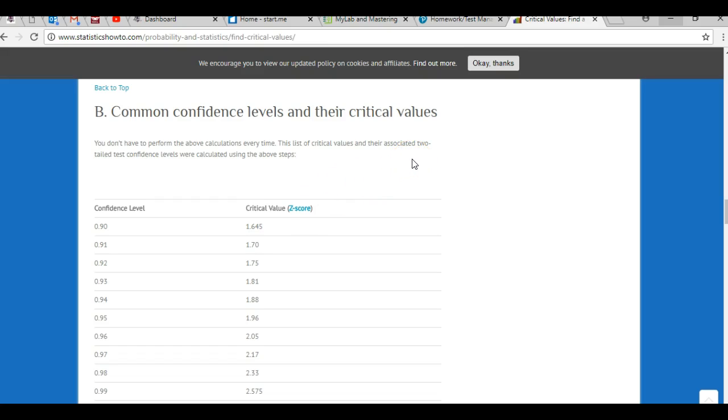A one-tail test will be different. So this is the critical value for a 0.10, this is a critical value for a 0.09, and the alpha has been calculated in between here. So the alpha is 0.05. This is your critical value for a two-tail test.